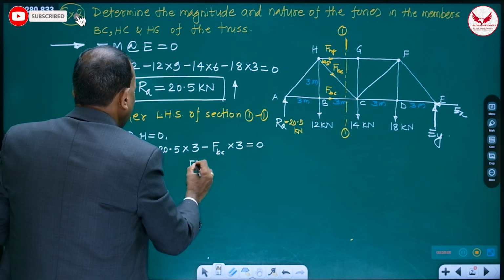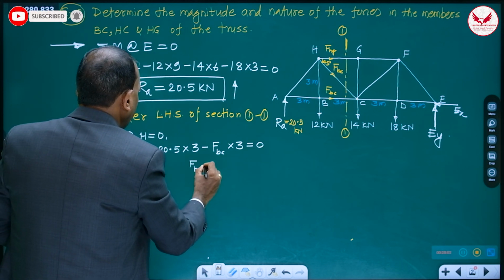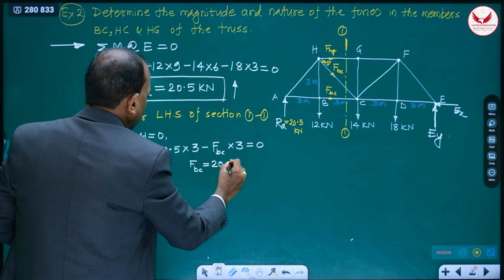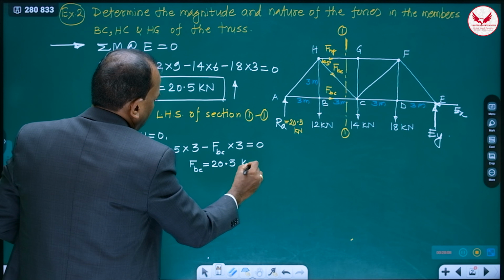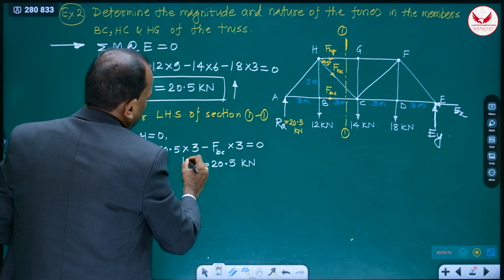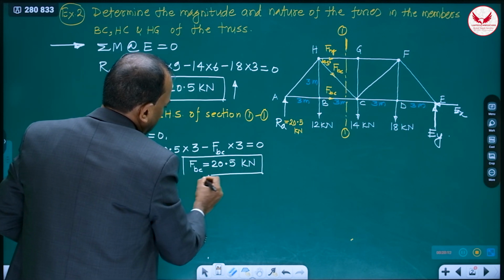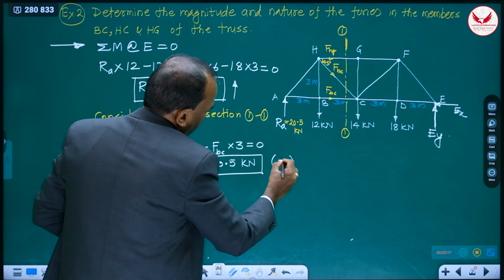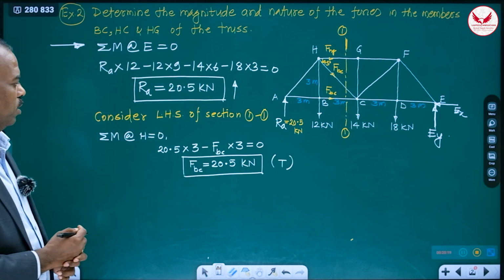So the first answer is positive, FBC, our assumed direction is right, in kilonewton. And what will be its nature? Assumed is right, that's why it is tensile. One answer we got.